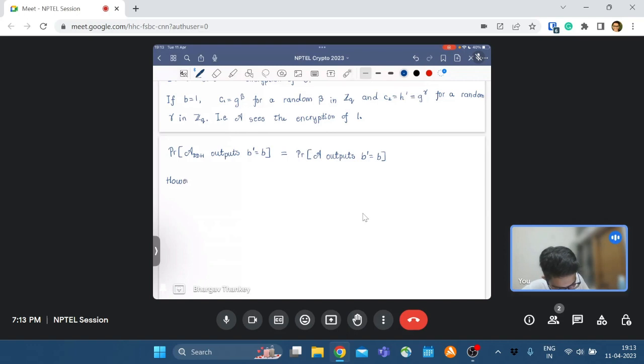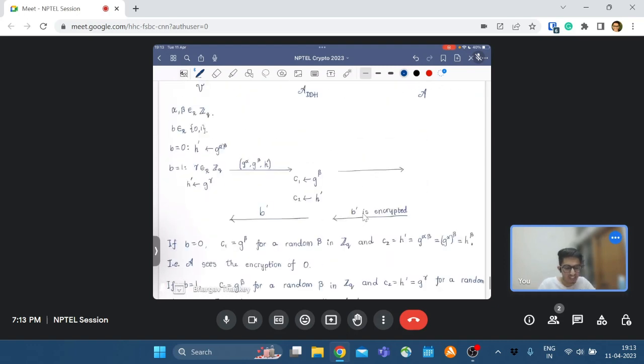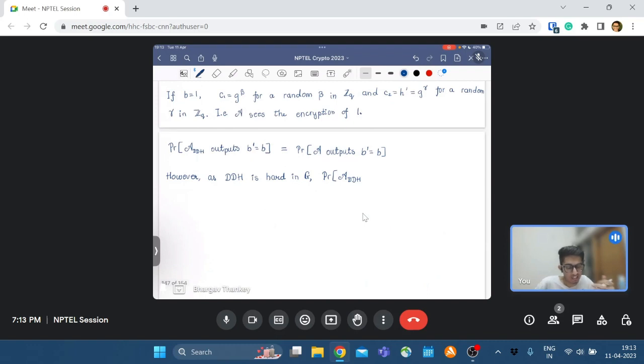DDH is hard in G, the probability that ADDH, which by the way is a PPT adversary because A is a PPT adversary and ADDH just forwards a few things both ways from B to A and A to B, is upper bounded by half plus negligible.